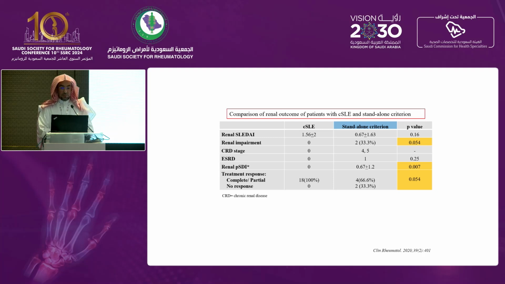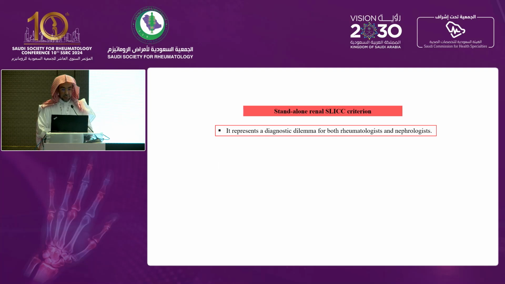So stand-alone renal SLICC criteria represent a diagnostic dilemma for both rheumatologists and nephrologists. The question is, is it possible to encounter lupus patients with non-lupus nephritis? Can they present with other histopathology, not the usual? As I mentioned, it's typically an immune complex mediated disease, and you will see full house nephritis.